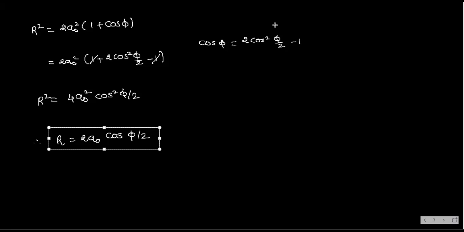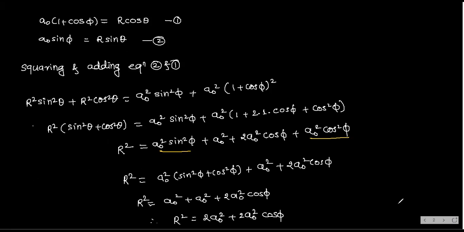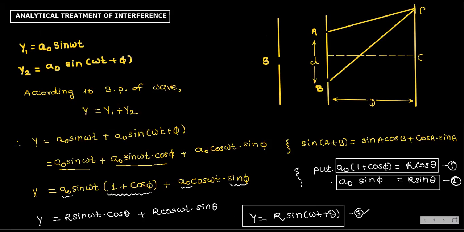Now we got r value, so substituting in equation, therefore equation 3 becomes, where is equation 3? See here, it is y is equal to r sin omega t plus theta.